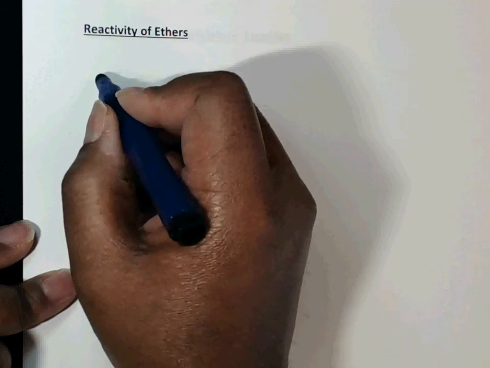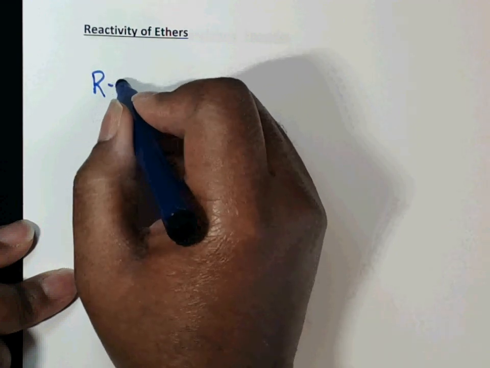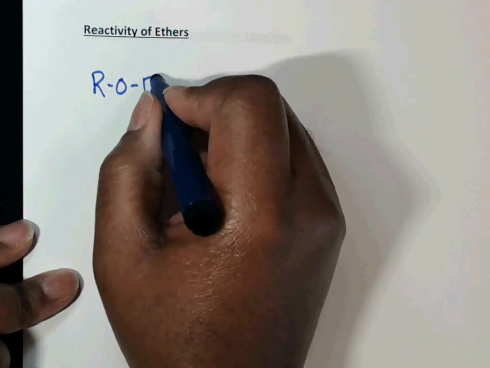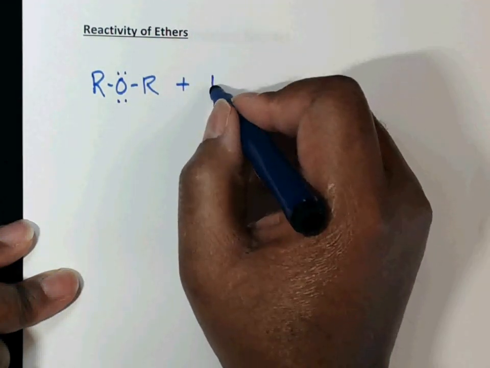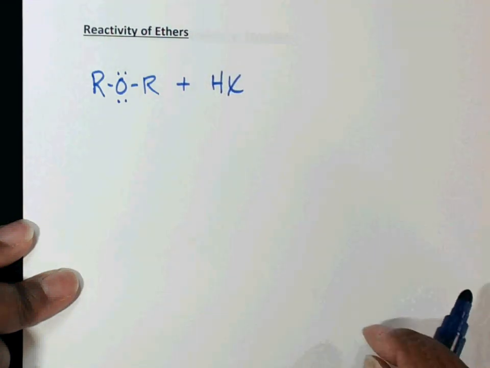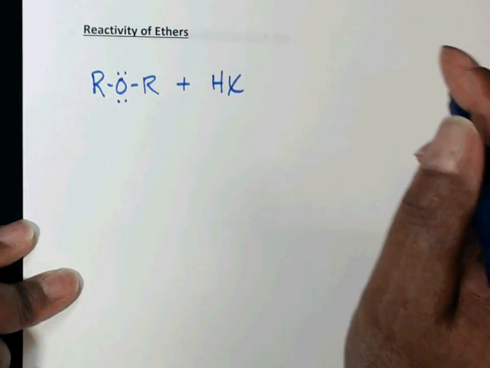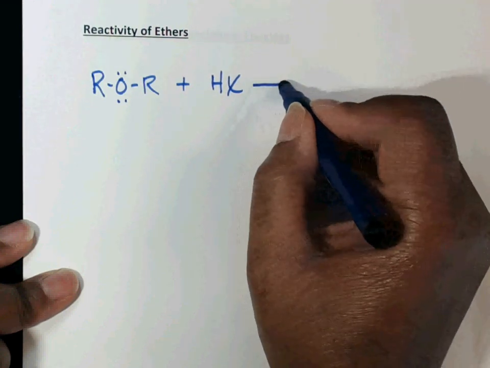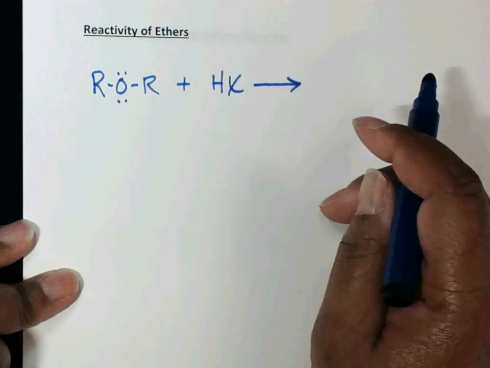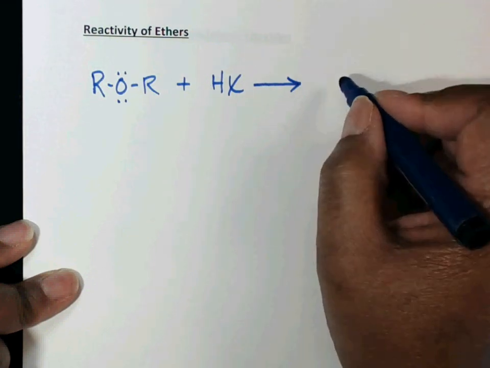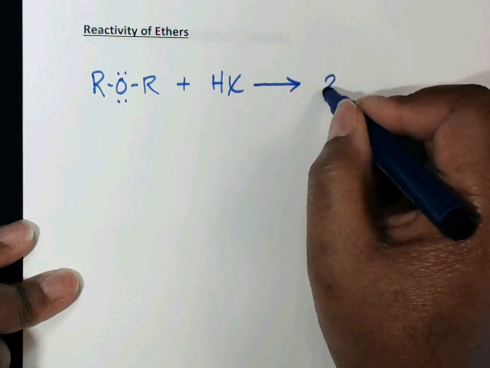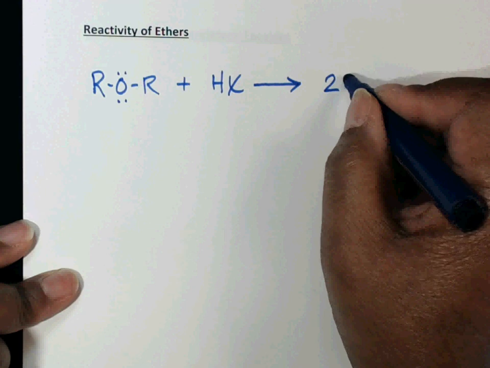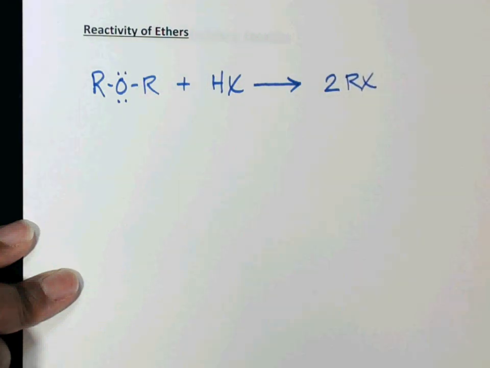But the only reaction that we're going to discuss is how ethers react with hydrogen halides. And the result, not exactly what you expected. It's typically going to be two alkyl halides.